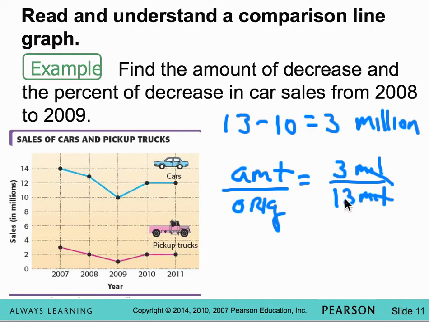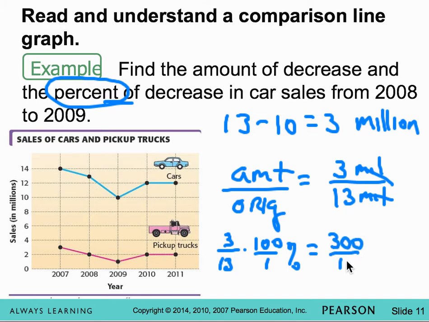So 3 over 13. Now, I need to change that into a percent because it asked me for a percent decrease. Here's the number, but that needs to be a percent. So how do I change that to a percent? It's a fraction. So let's multiply by 100%. So 300 over 13% decrease.